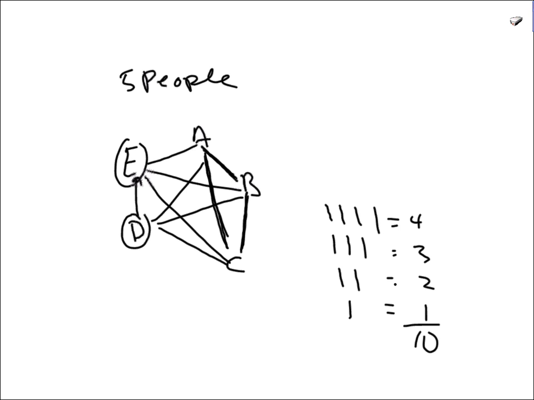Okay, you can count them. 1, 2, 3, 4, 5, 6, 7, 8, 9, and 10. That's a very special type of graph. So 5 people will shake hands with one another.